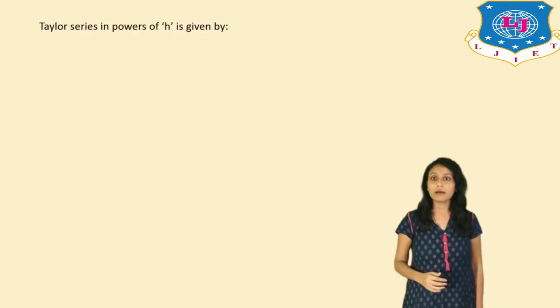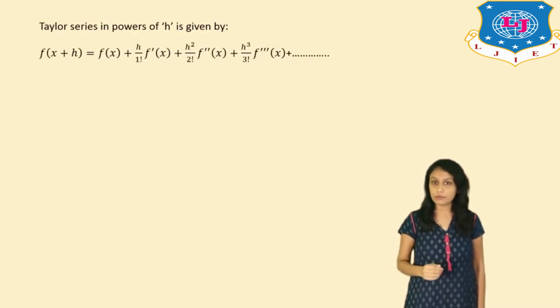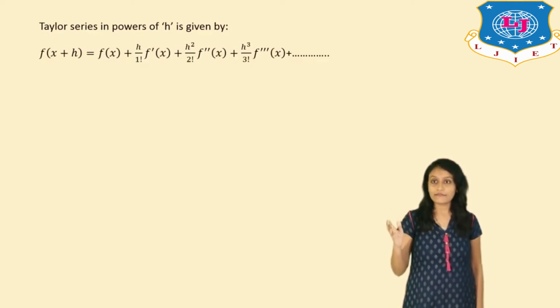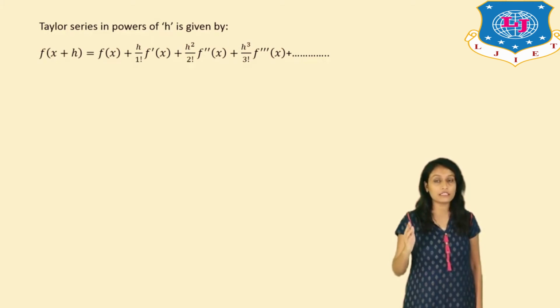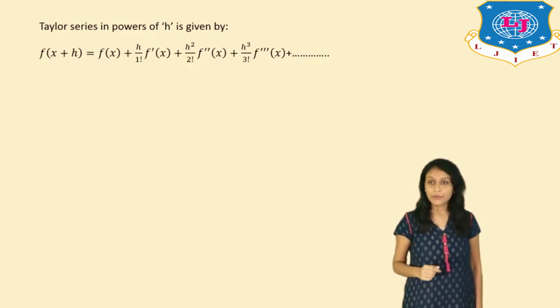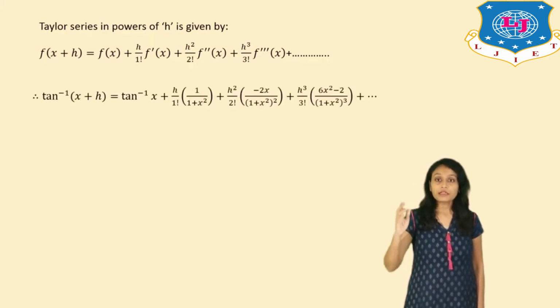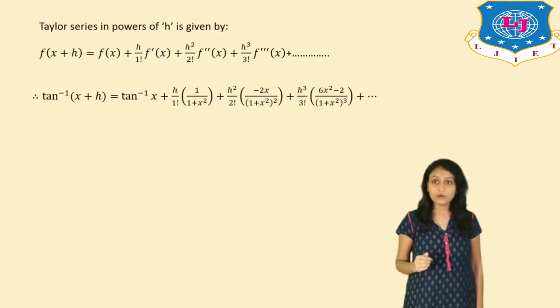Now Taylor series in powers of h is given by this formula, right? This formula we have studied. So f of x plus h is what? f of x plus h upon 1 factorial f dash x plus h square upon 2 factorial f double dash x. This is the formula of Taylor series in powers of h. Now tan inverse of x plus h is equal to what?